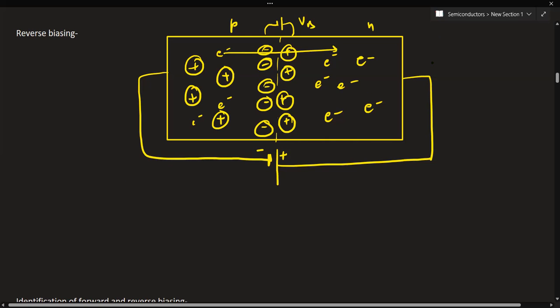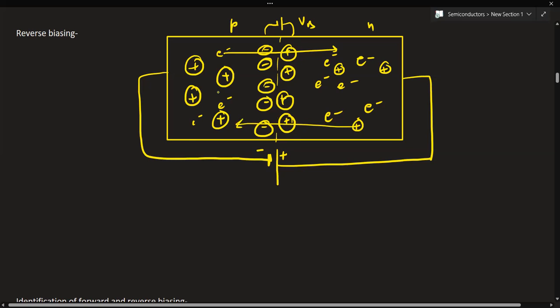Now look at this part, the positive terminal of the battery. It will be attracting the electrons, while it will be repelling or pushing back the holes which are in majority. So the holes will go.